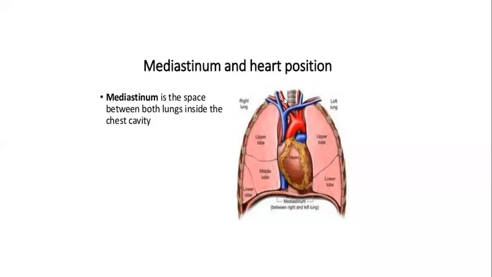This ring-shaped structure that you can see in the back is the trachea. And in front of it, the vessels that you can see emerging are the pulmonary trunk and the aorta. And the organ in between is the heart, and on both sides are the lungs.